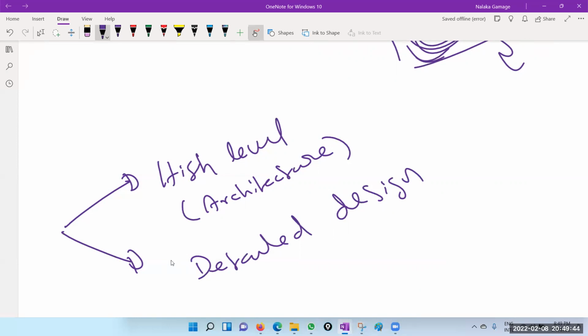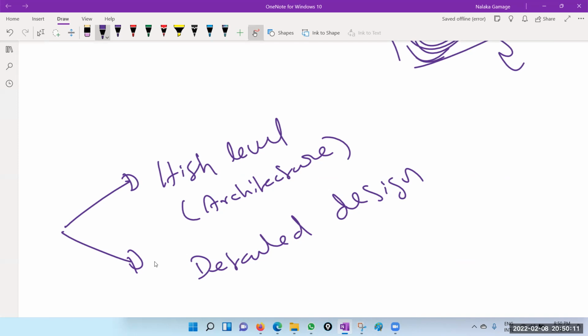Of course, on the project management track, we have the project manager. The project manager is the main person, but sometimes your architect gets a higher salary than the project manager. That is widely happening.